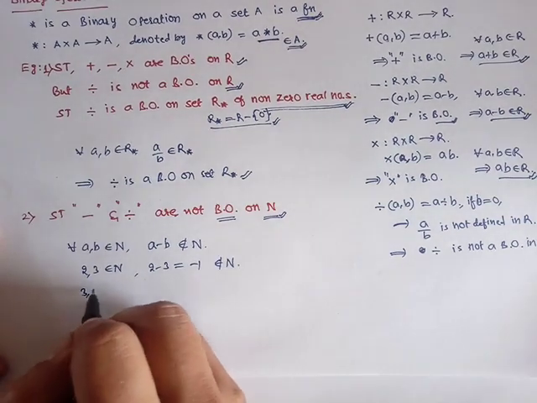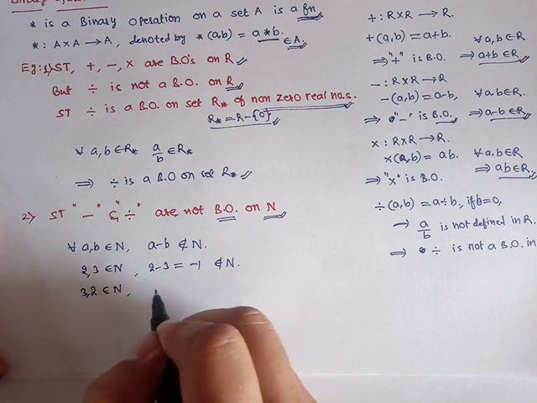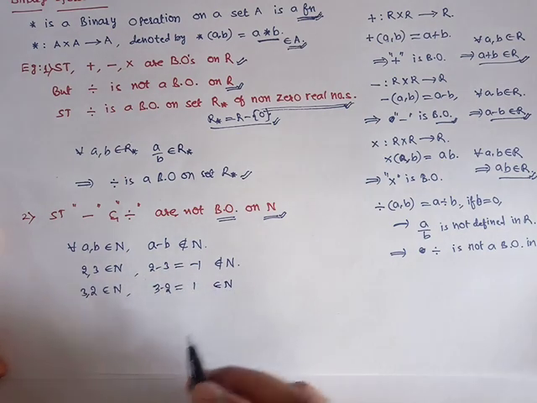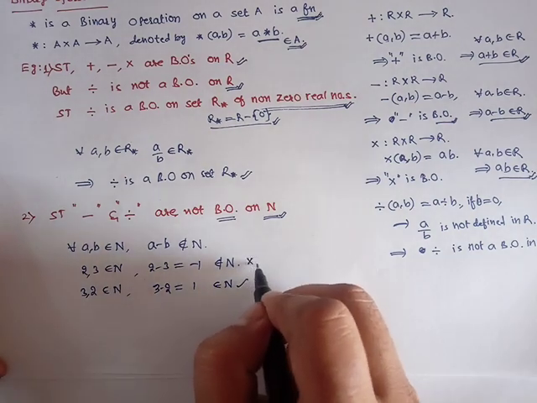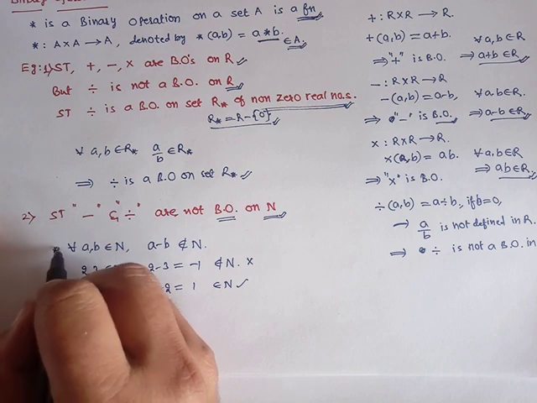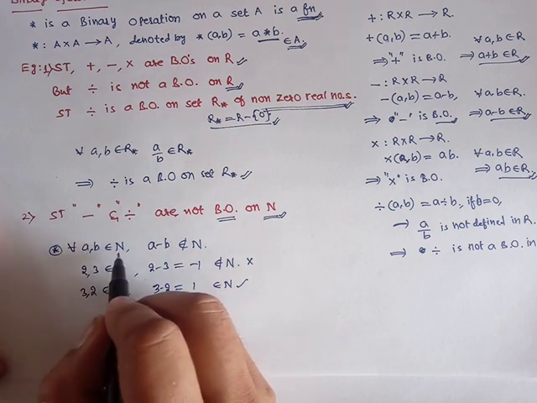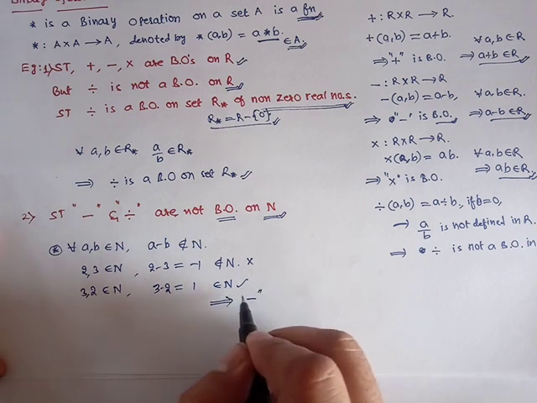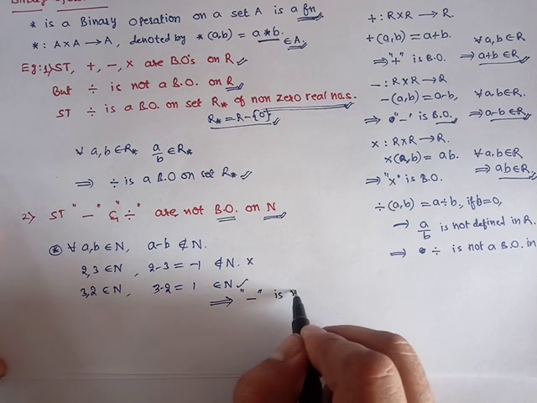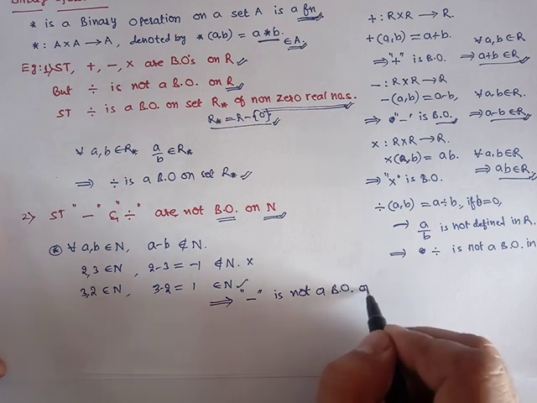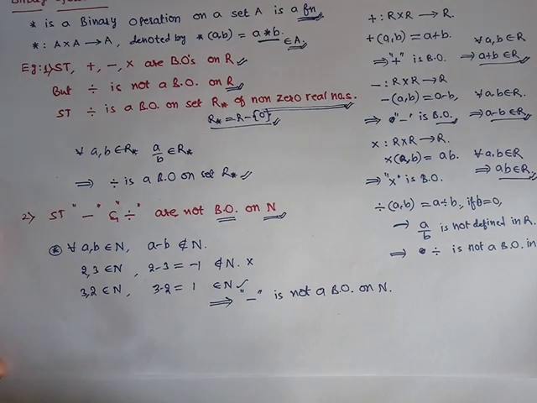If you take 3 comma 2, 3 minus 2 is equal to 1, which belongs to natural numbers, it is okay, but in the other case it is not applicable. So it will not be applicable for each and every a comma b belongs to natural numbers. That's why subtraction is not a binary operation on natural numbers.